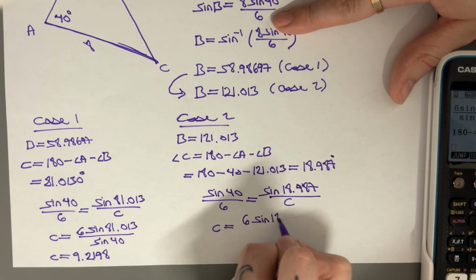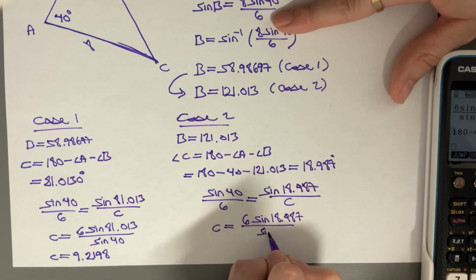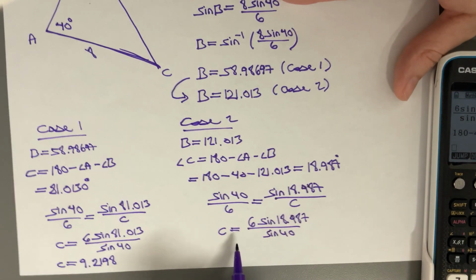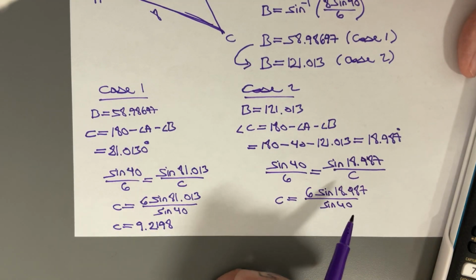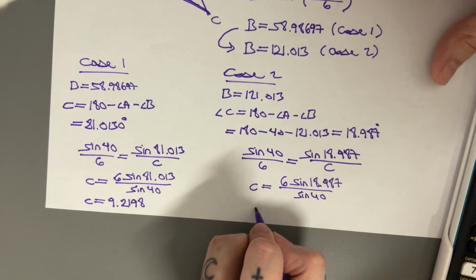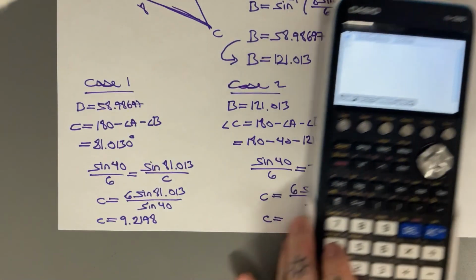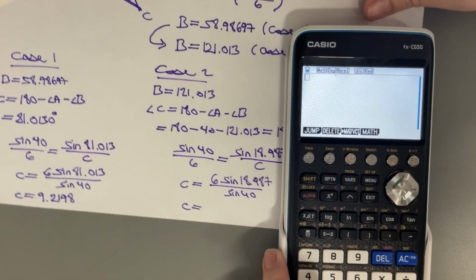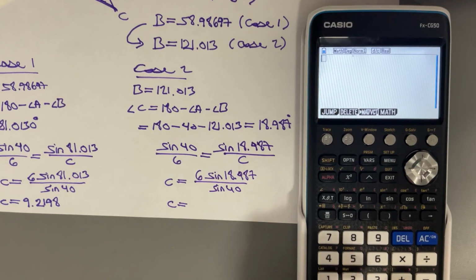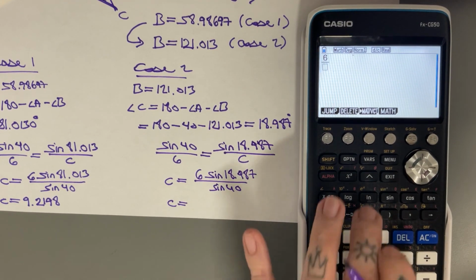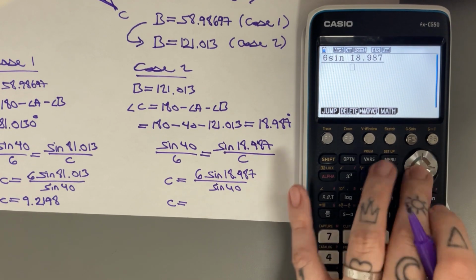So 6 sine 18.987 all over sine 40. So notice how it's very similar to case 1. We're just changing our values just a smidge. So now for your C value, when you plug in, we're going to have 6 sine of 18.987 over sine 40.